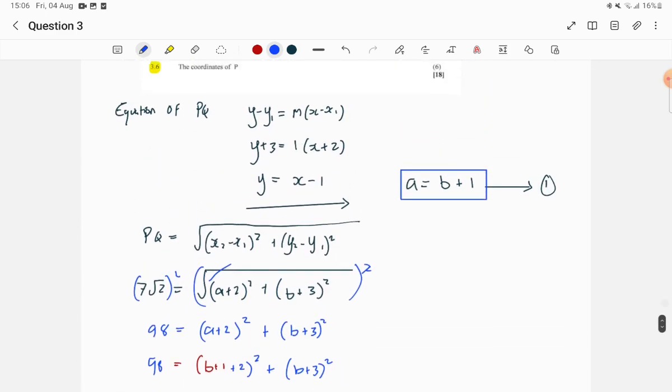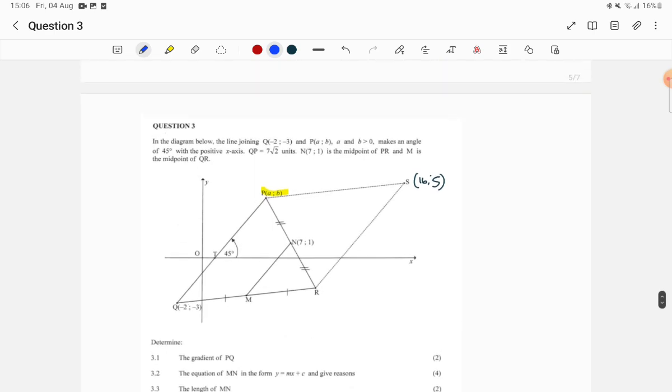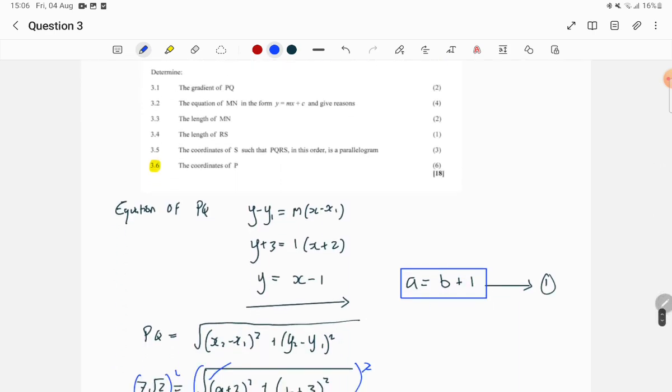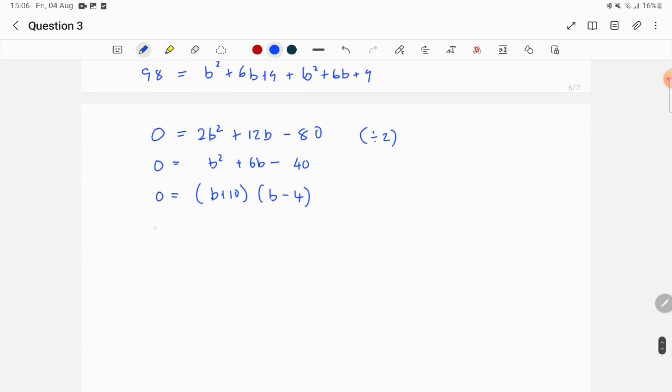But remember, at the very beginning of this question, they said that a and b can only be greater than 0. So we'll only accept one answer. Here we get b is equal to minus 10 or b is equal to 4. So minus 10 is not applicable. We can reject that, and we accept that b is equal to 4.